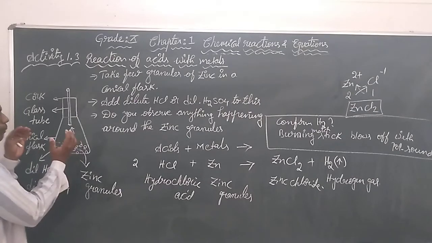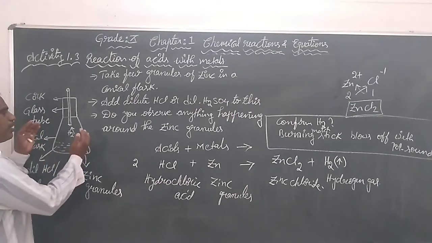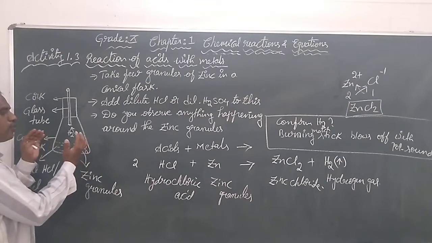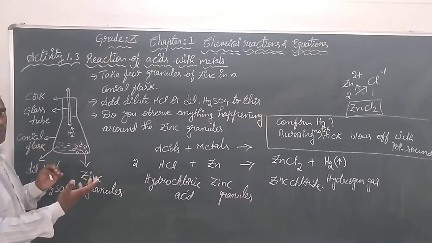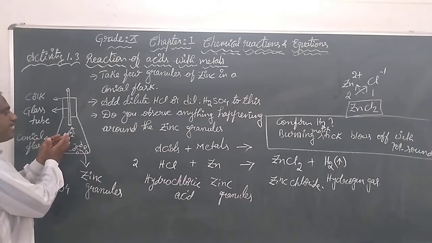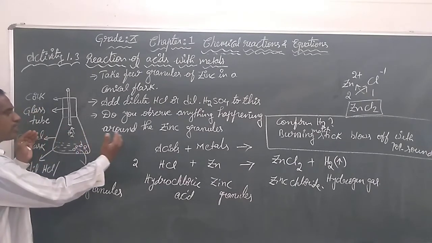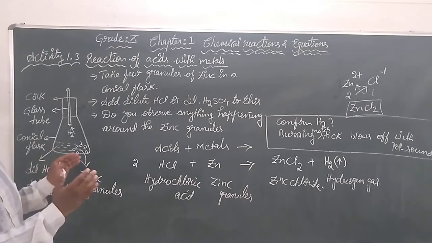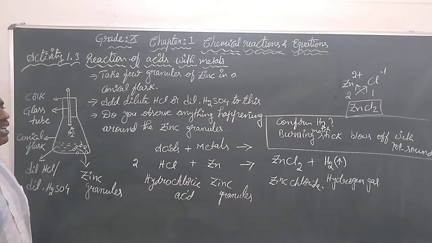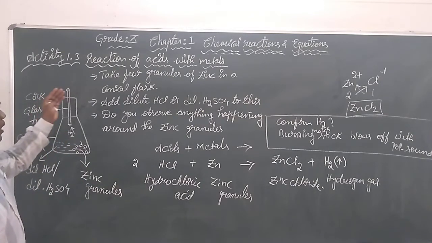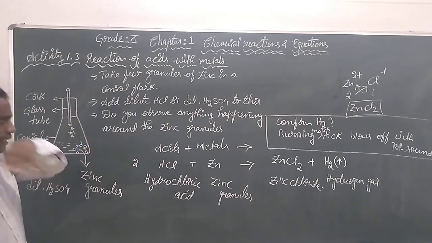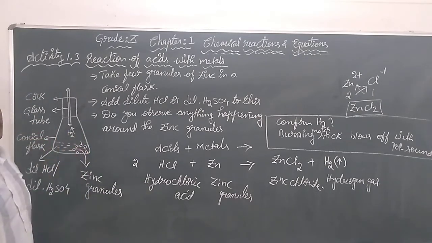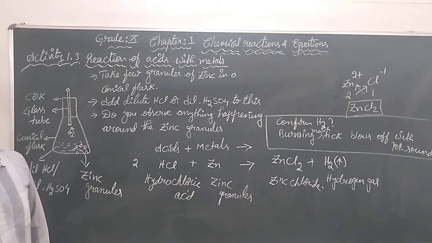You can also touch this conical flask and feel that your hand is getting a little warm, because the reactants are releasing heat outward, as the reaction is highly exothermic. So let us conclude that when zinc reacts with HCl, it releases hydrogen gas, forms zinc chloride, and is also an exothermic reaction.